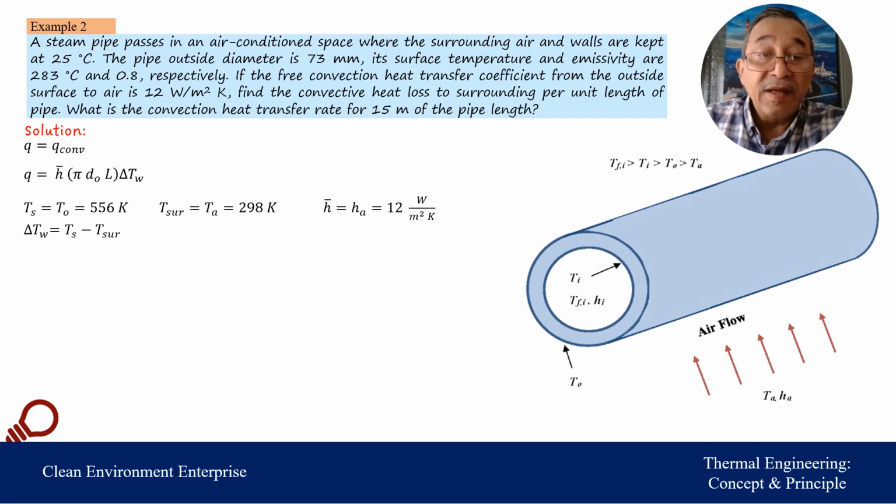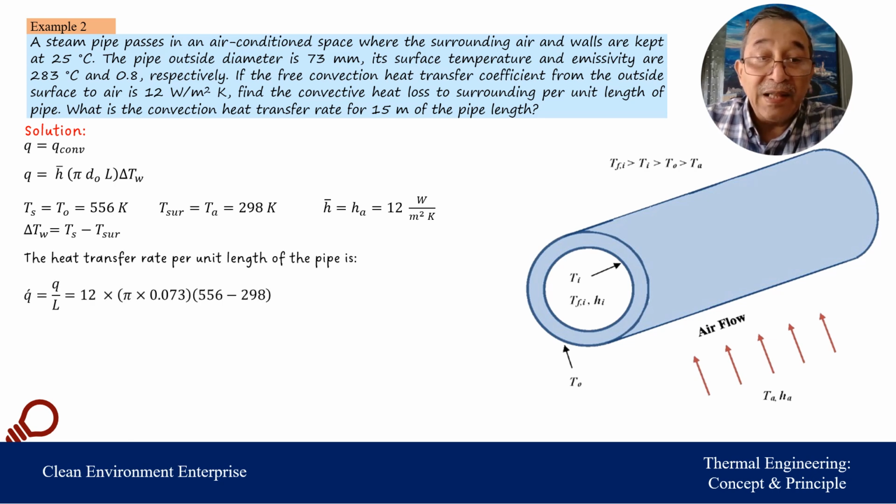If we take these values which are given in the example and put them directly in the equation, we get the heat loss per unit length equal to 12 times pi times the diameter and the temperature difference. Then we will get a value of 710 watt per meter.